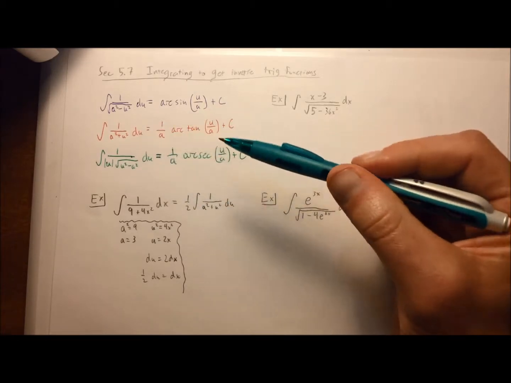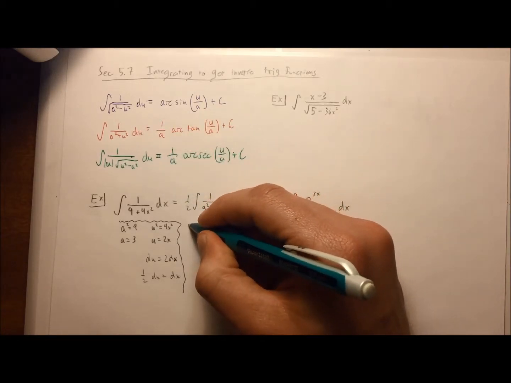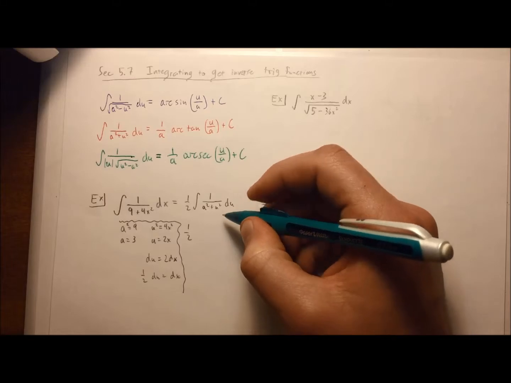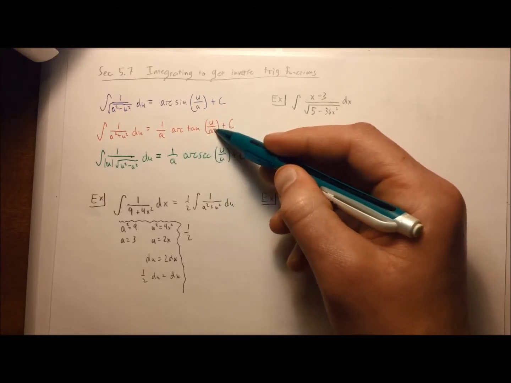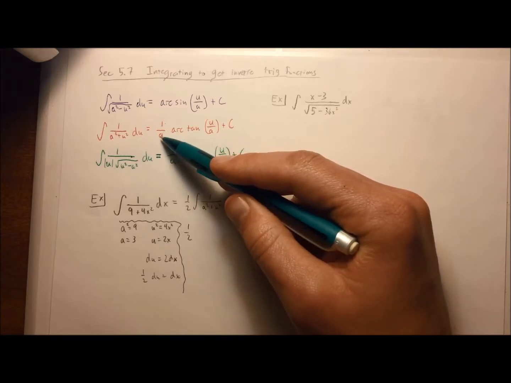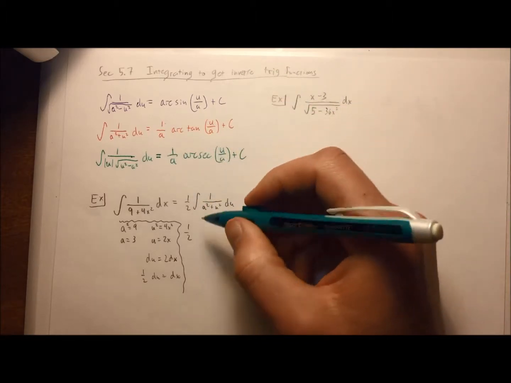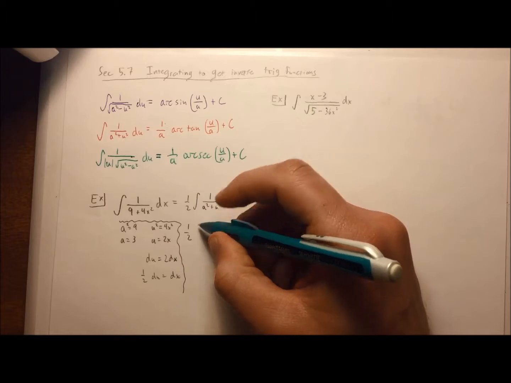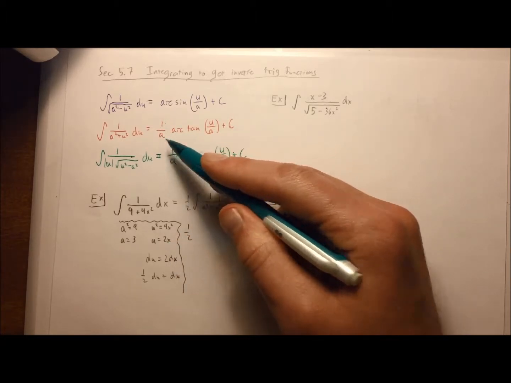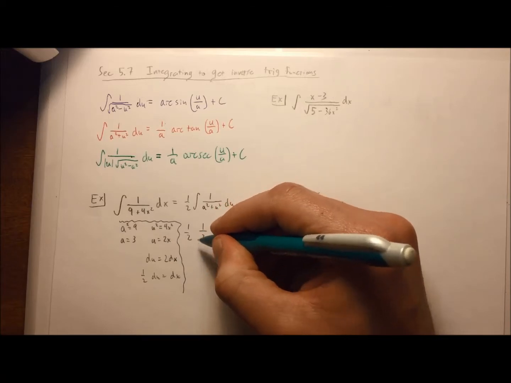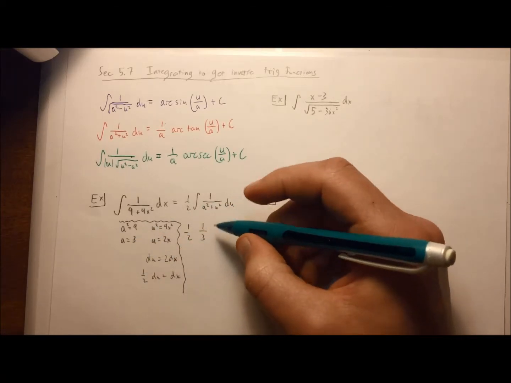Now I can just follow the formula. 1/2 of the arctangent of u over a, but I've also got to put 1 over 2. So 1 over a is 1/3, 1 over 3.